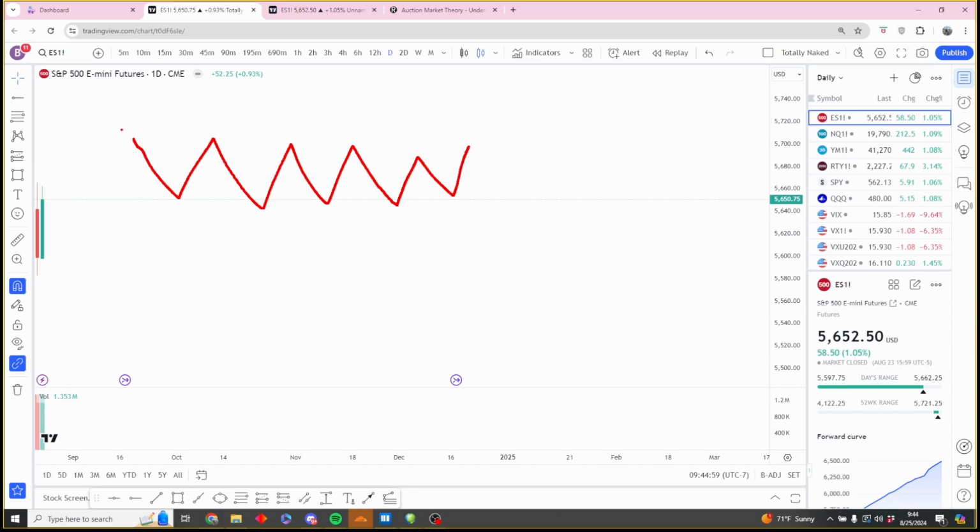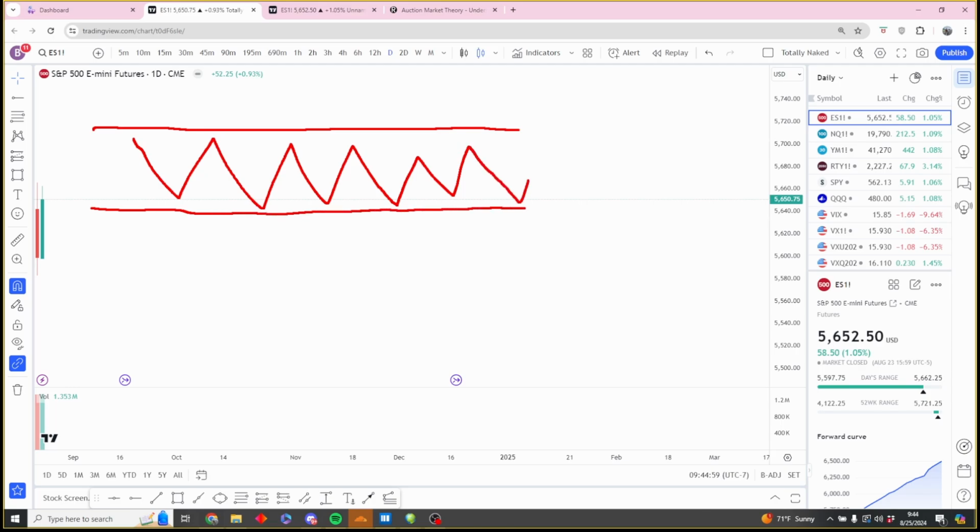So in balanced conditions, some people call it chop, some people call it consolidation, doesn't matter, it's all the same. In balanced conditions, you want to fade the extremes. So up here, this is the upper extremity and this is the lower extremity. Whenever price comes into the upper extremity, instead of speculating the breakout, you would want to sell the high.